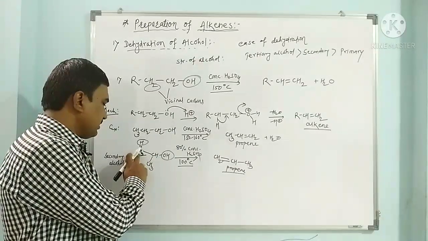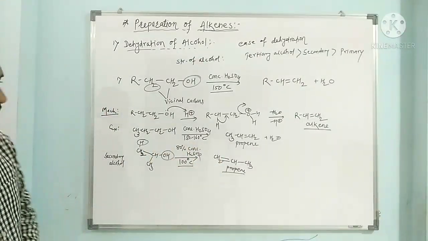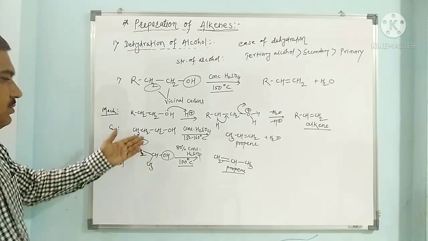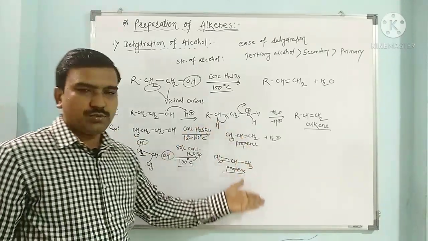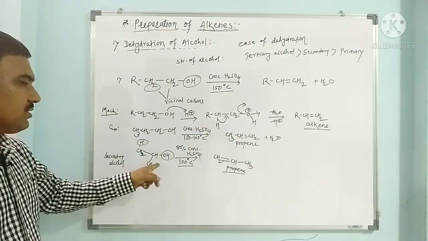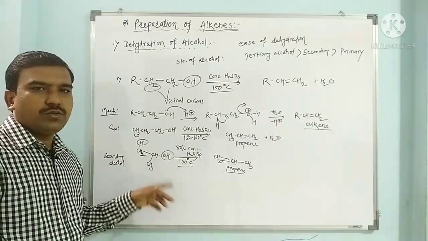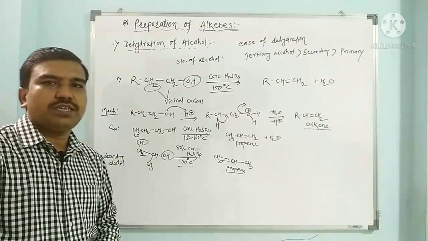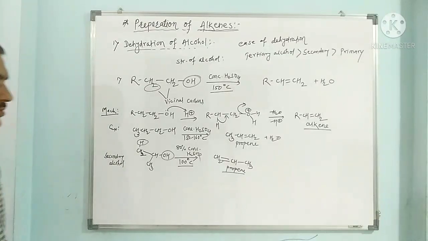So 1-propanol or 2-propanol may give the same product, but the secondary alcohol, isopropyl alcohol, undergoes a higher rate of dehydration as compared to the primary one.